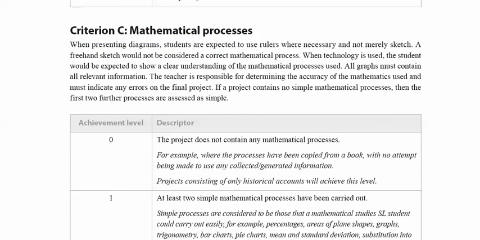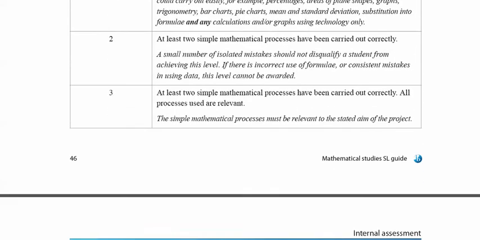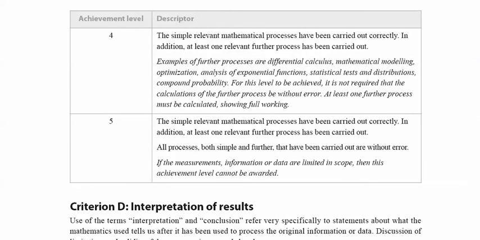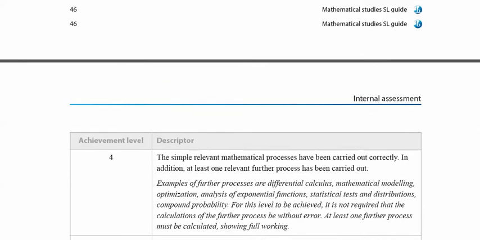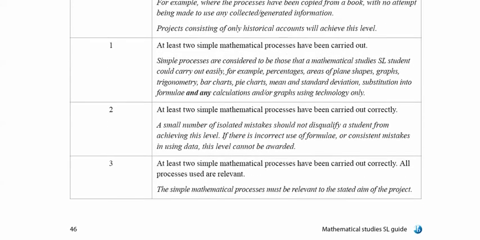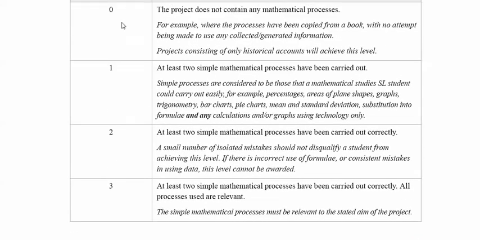So it goes from 0 to 5. Okay, now let me just start off. Basically if you do practically nothing you get 0 marks. Okay, so for 1 mark you at least attempt 2 simple mathematical processes have been carried out. And it talks about what simple mathematical processes are here.